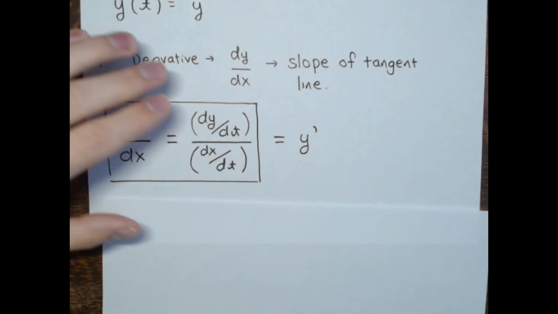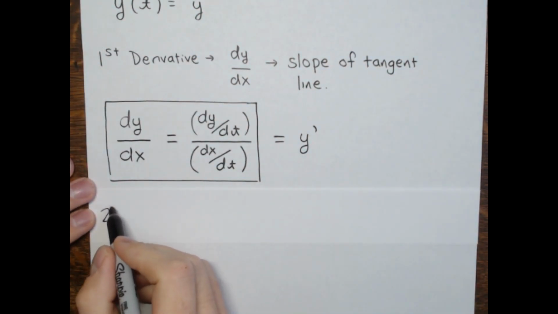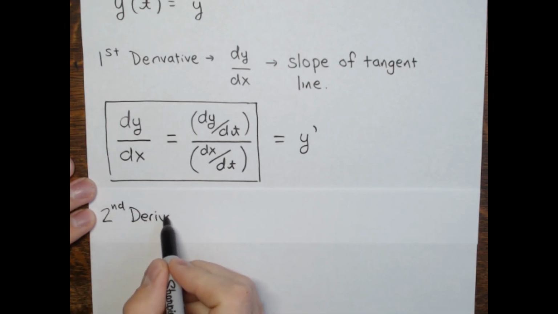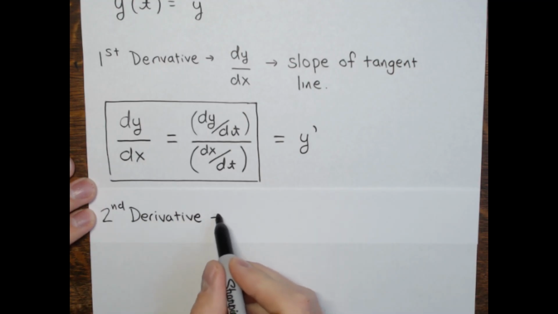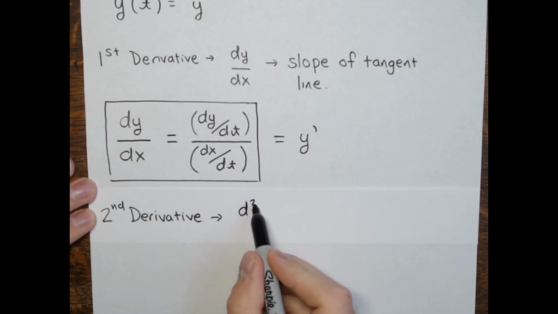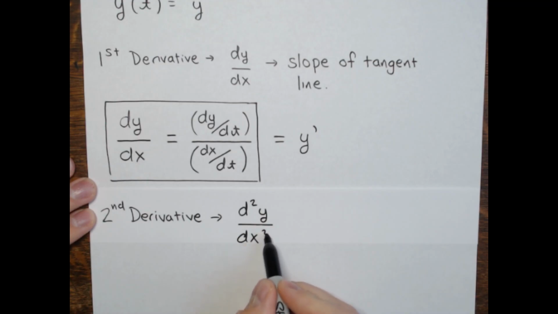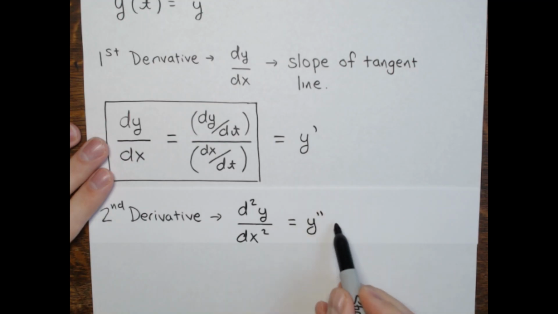And then using this same concept, we can find the second derivative of a curve at any point. Now, the second derivative, remember, is d squared y over dx squared, right? The change in y over the change in x squared, which we could also call y double prime.